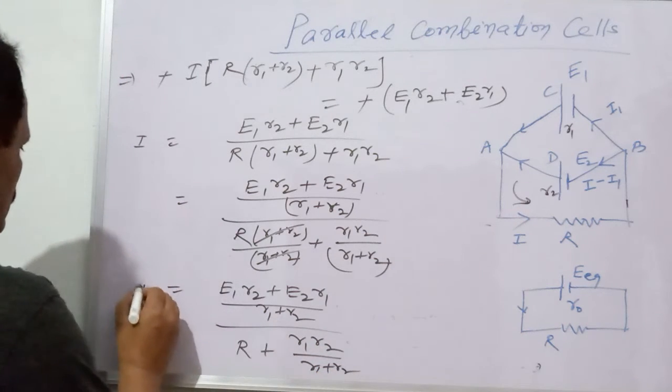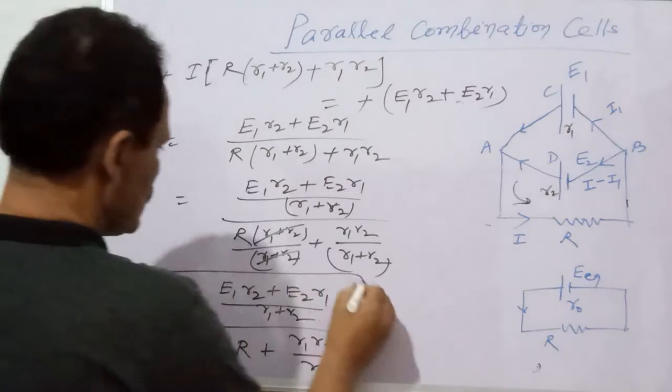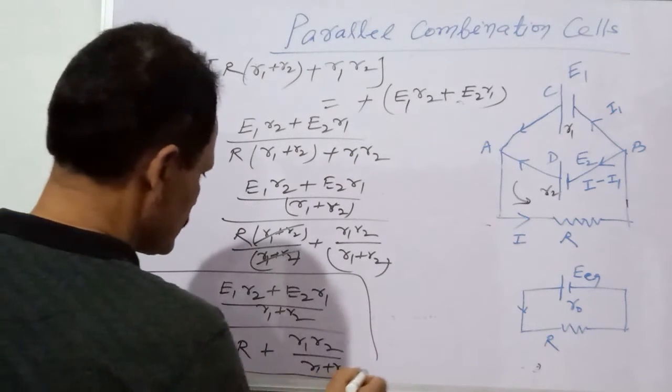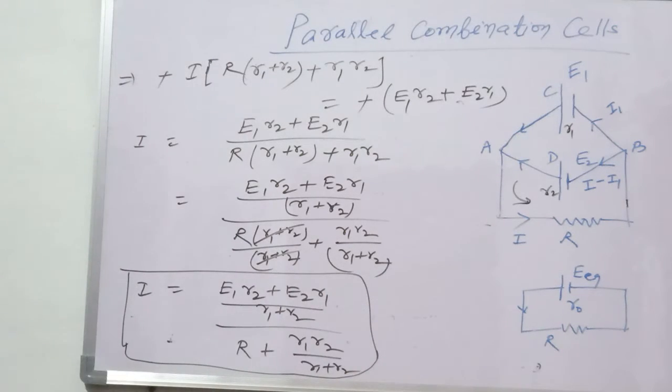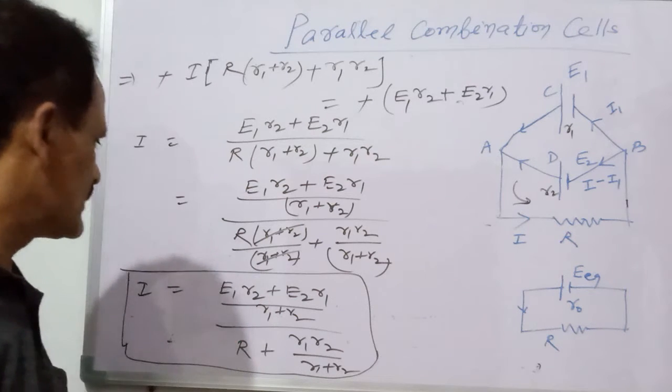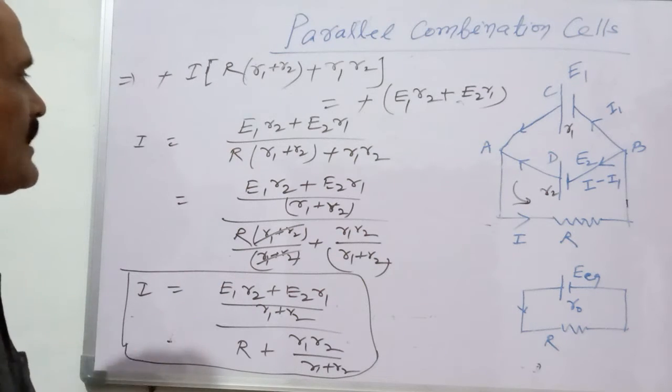This is the net current I through this, the relation between the EMF of the cells, internal resistance and total current.